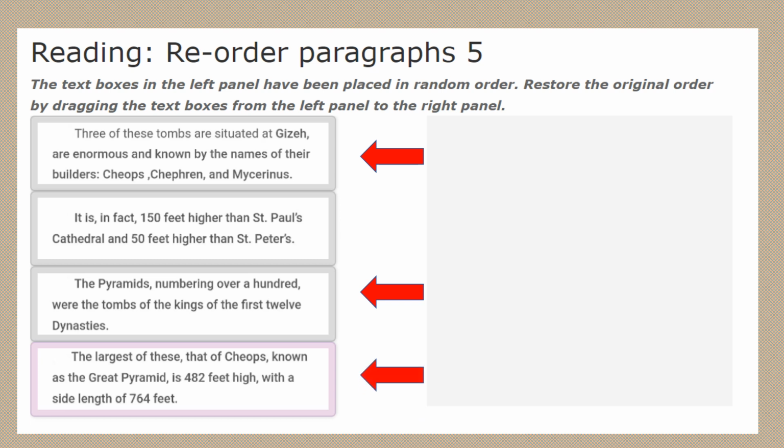The largest of these, out of the 3 that we have talked about, that of Cheops, known as the Great Pyramid, is 482 feet high with a side length of 764 feet. And the last is, it is in fact, so this is a conclusion, 150 feet higher than St. Paul's Cathedral and 50 feet higher than the St. Peter's.